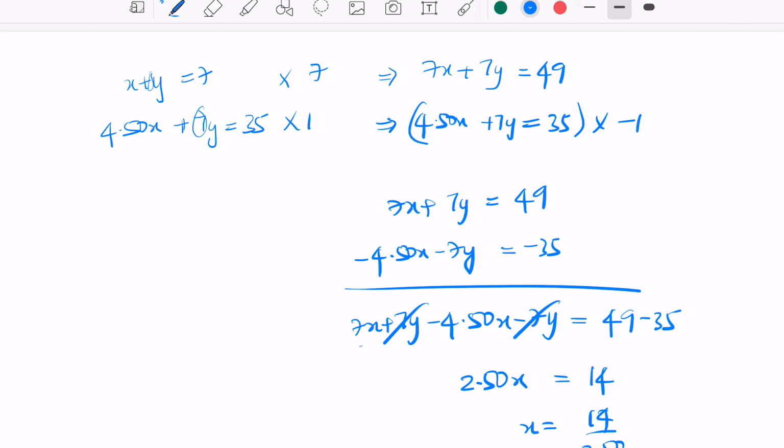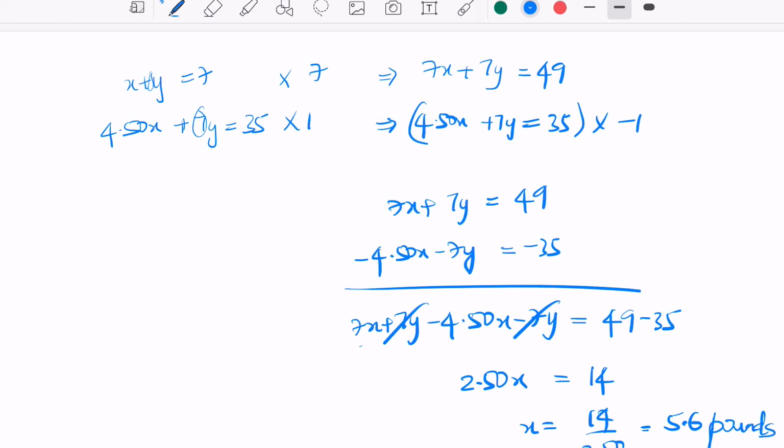Let's calculate that. So that becomes 5.6. So the X value is 5.6 pounds.